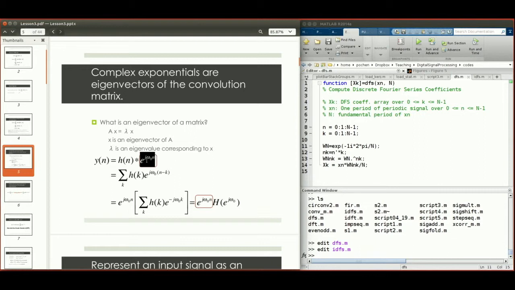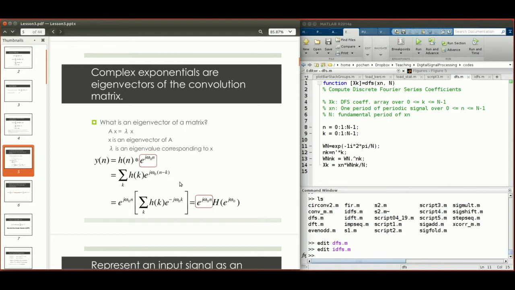So if you use this basis signal as an input to a linear time-invariant system, what's going to be the output? You can compute the output by computing the convolution of the impulse response with the input signal, which is the complex exponential, one of our basis signals. Then we can do some mathematical manipulations, and we end up with this expression. The first thing I have noticed is that the input signal is repeating here.